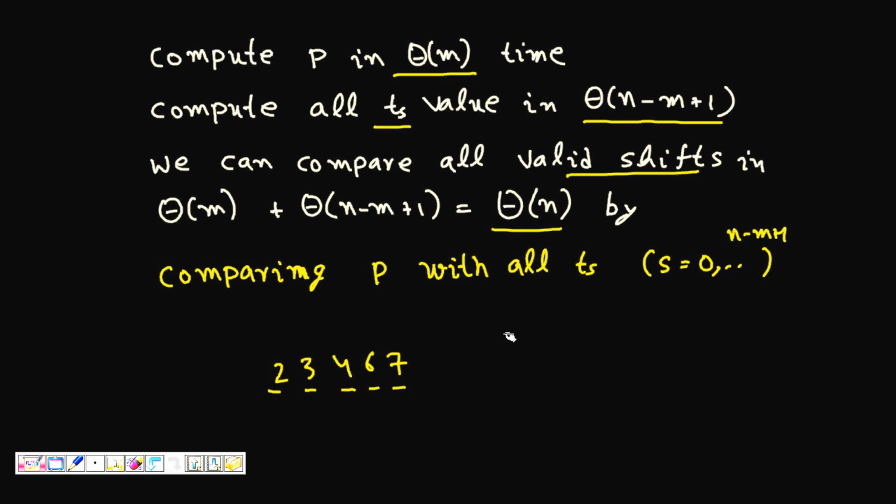This is done by a very famous algorithm known as Horner's rule, which basically evaluates a polynomial.